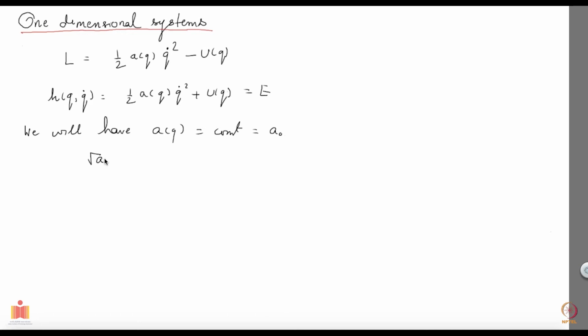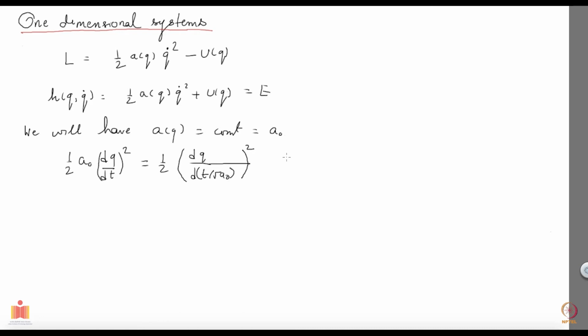So let's do it here. I have half A0 times dq over dt squared. And I can just write it like this: half times dq over dt over the square root of A naught, squared. That's the same thing as above.